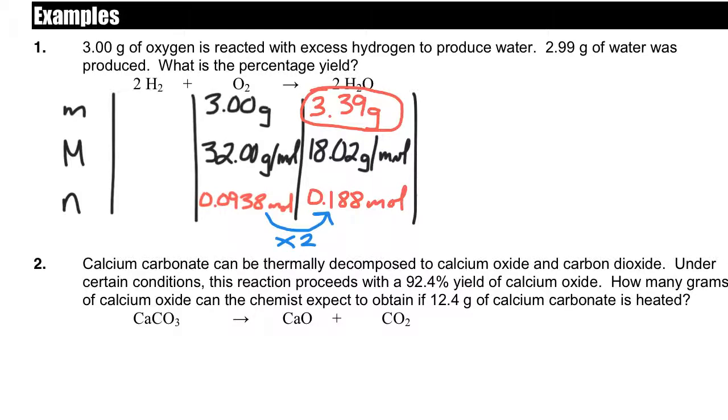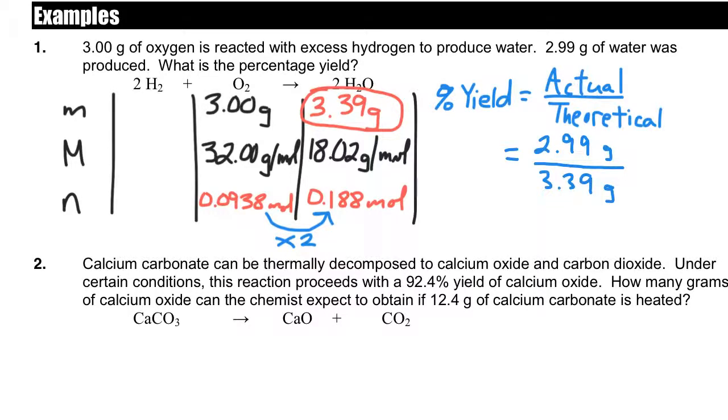To calculate the percentage yield, I'm just going to use my formula. The percent yield is actual divided by theoretical. My actual yield is 2.99 grams of water, and my theoretical mass is 3.39 grams. Plug in my numbers, and I get 0.882, which is 88.2%.